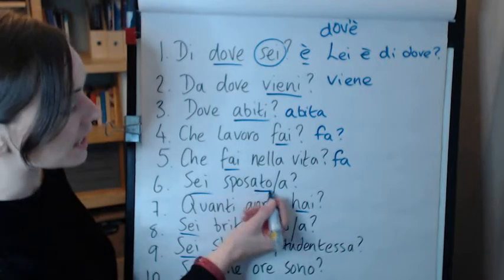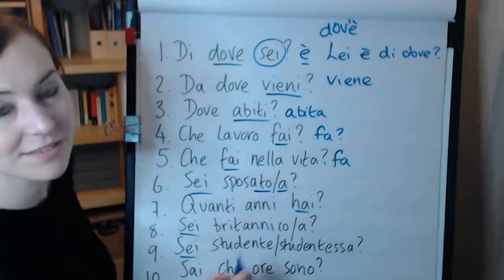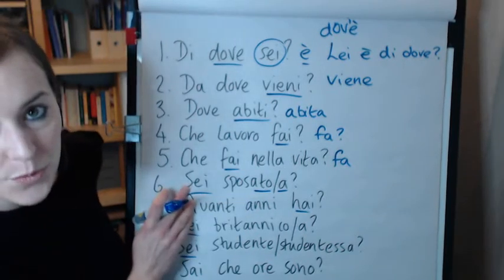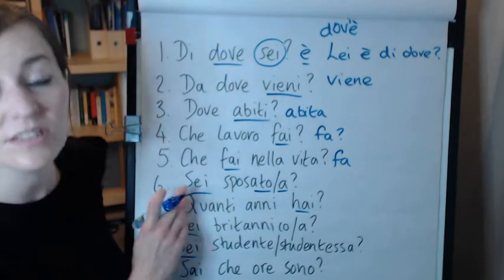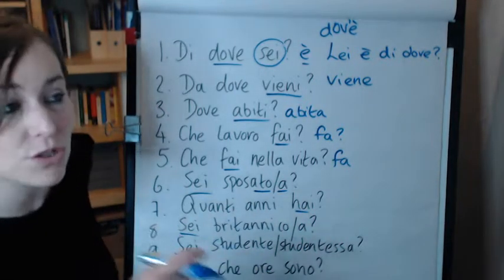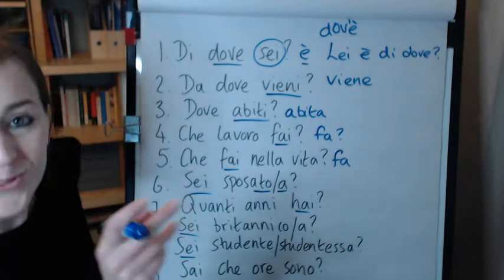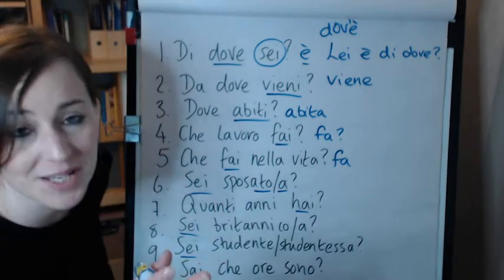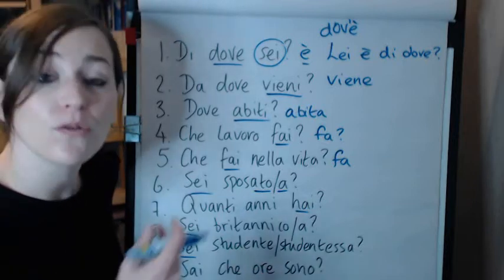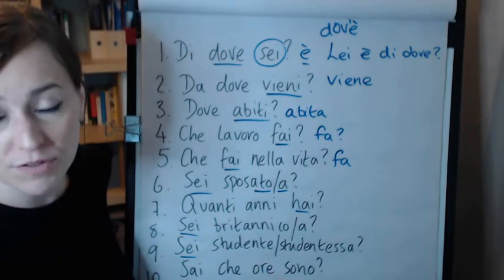And this ato ending, or ata, whenever you have an adjective used with the verb essere, are you married, are you young, are you old, are you rich, are you poor, are you thin, are you fat, are you tall, are you short, that kind of thing, the adjective will either have an O or an A at the end, O for a male, A for a female.